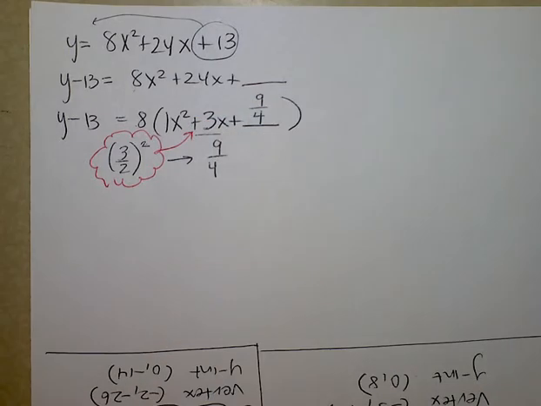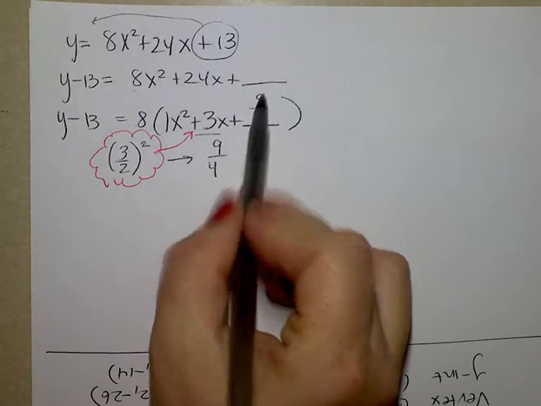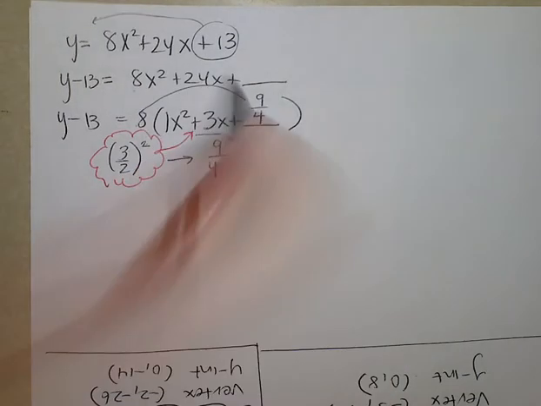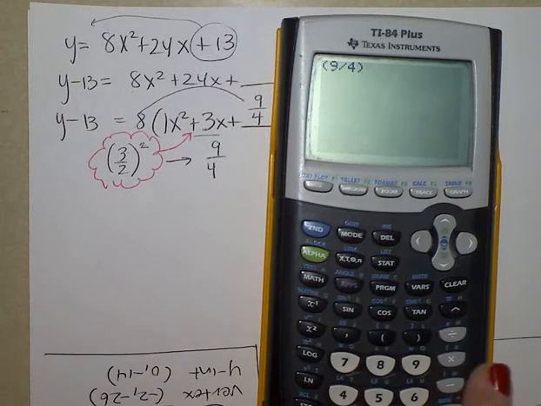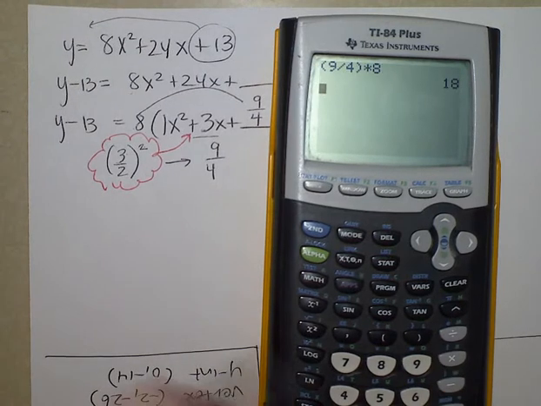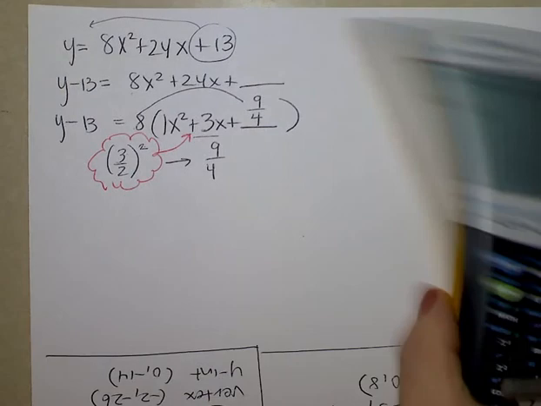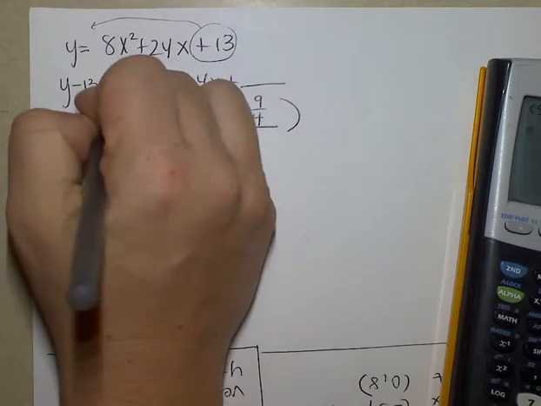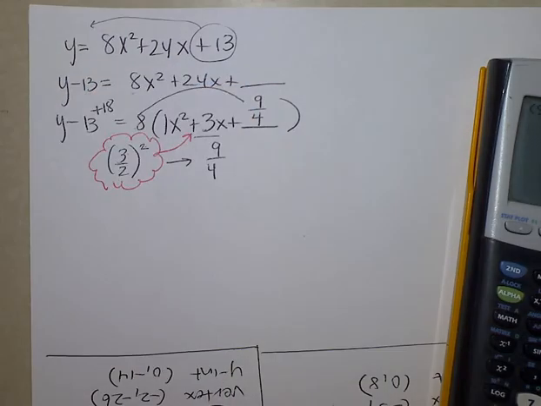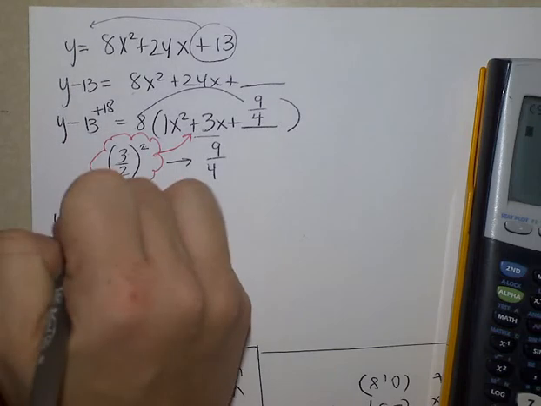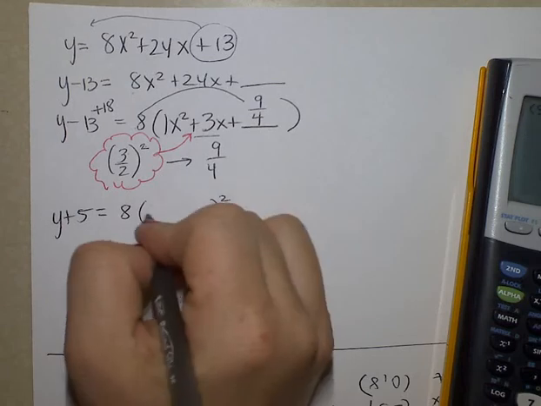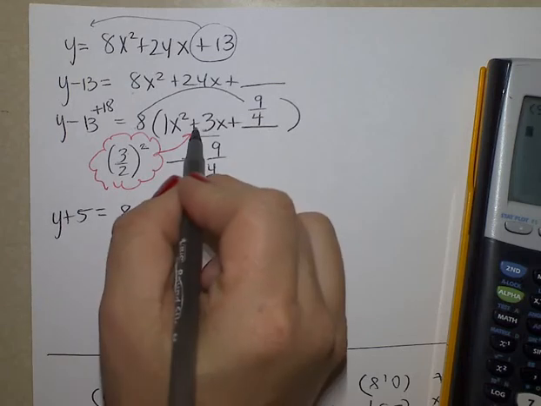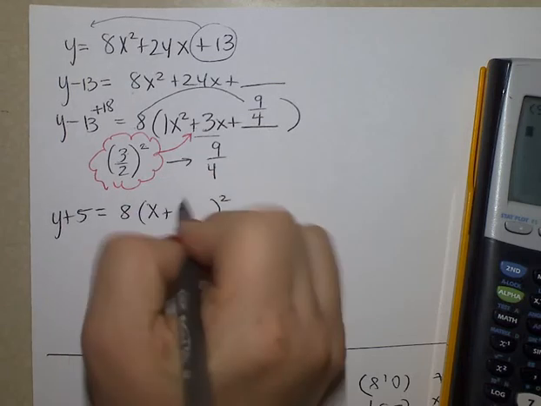Now in reality, I did not just add 9/4 to this side. I need to take 8 times that number. So take 9/4 in parentheses, times 8, and in reality, I just added 18 to the right. So I must add 18 to the left. Inside parentheses, it is x plus 3/2.